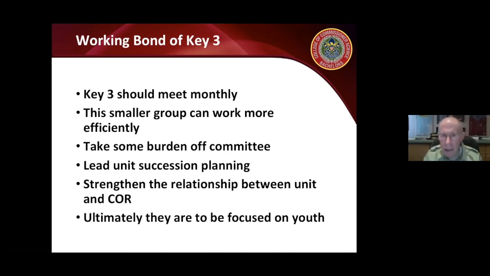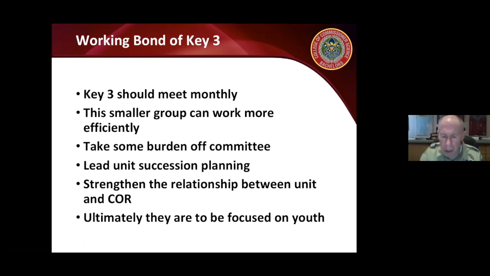Ultimately, the key three and all the leaders should be focused on the youth. We don't want any particular leader feeling like everything is focused on them and what they are doing. We want to shift that, deflect that, focus that onto the youth.